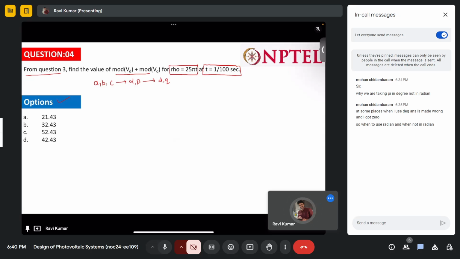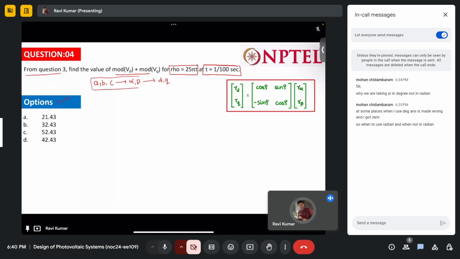Similarly to what we did in the previous question, we converted ABC into alpha beta form, and then we will convert this alpha beta into DQ form using this particular matrix. So without doing the matrix thing, I am just writing directly here.